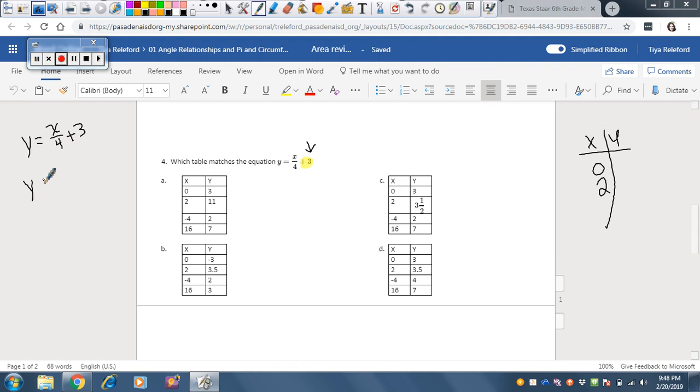And I would change that to 2 divided by 4 plus 3. 2 divided by 4 is 1/2 plus 3. If you line them up, when x is 2, y has to be 3.5. You just crossed off another one.